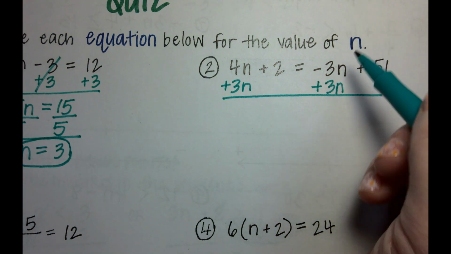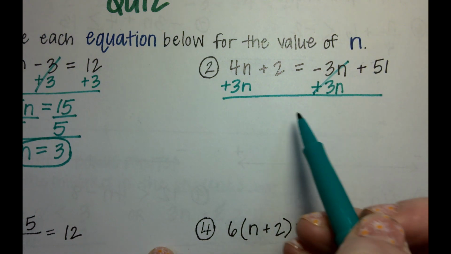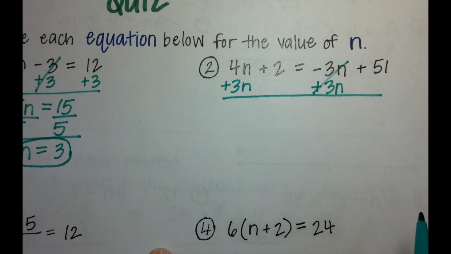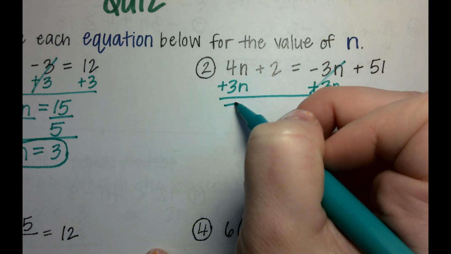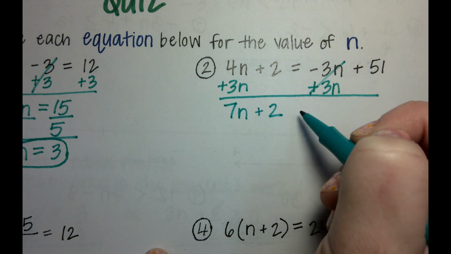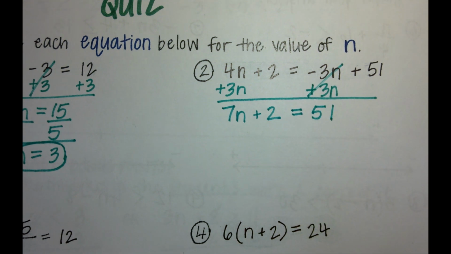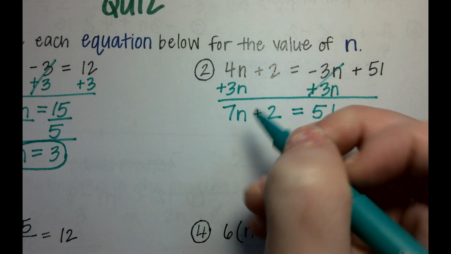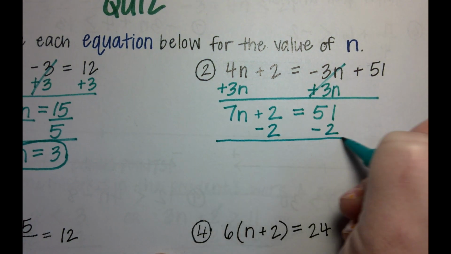So we have our 3n's canceled. Now what happens? 7n plus 2 equals 51. Perfect. Subtract 2 from both sides.